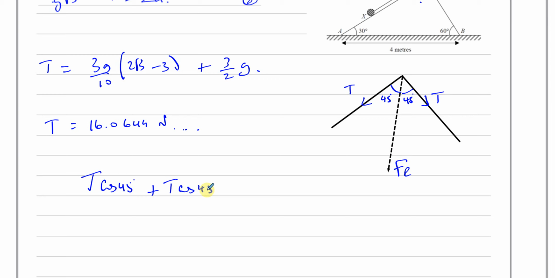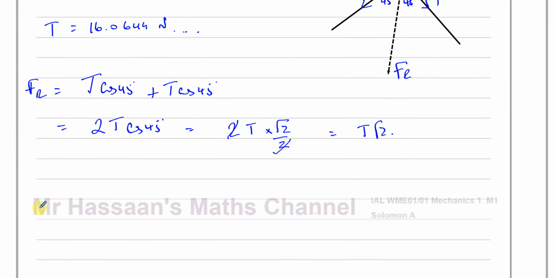Okay, and that will give you the resultant force. Simple as that. So that's 2T times cosine 45, which is 2 times T times root 2 over 2. The cosine of 45 is root 2 over 2. That leaves you with T times root 2.